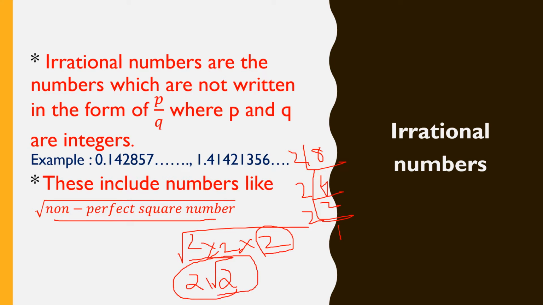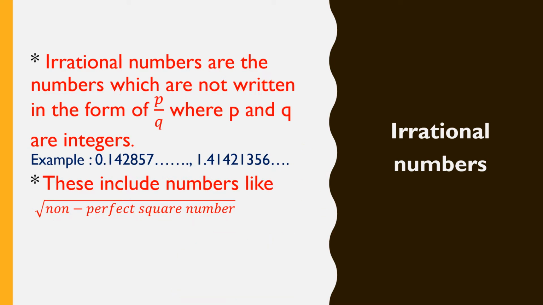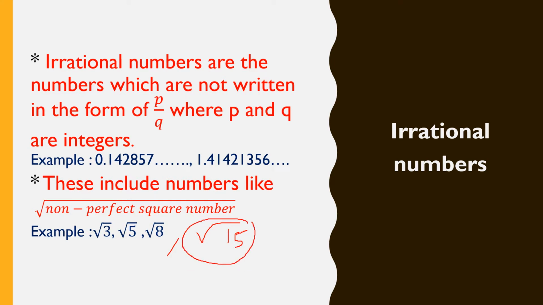Even though 8 is an even number and not a prime number, it is a non-perfect square number. I can give the examples root 3, root 5, root 8, root 15, root 17, anything you can give. All these roots of non-perfect square numbers come under irrational numbers.